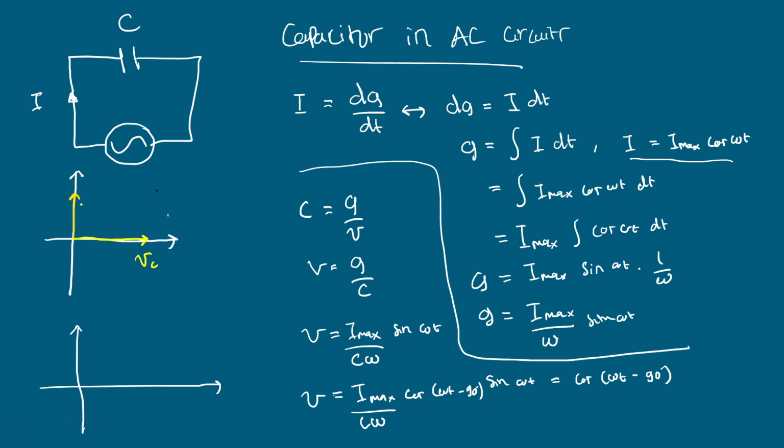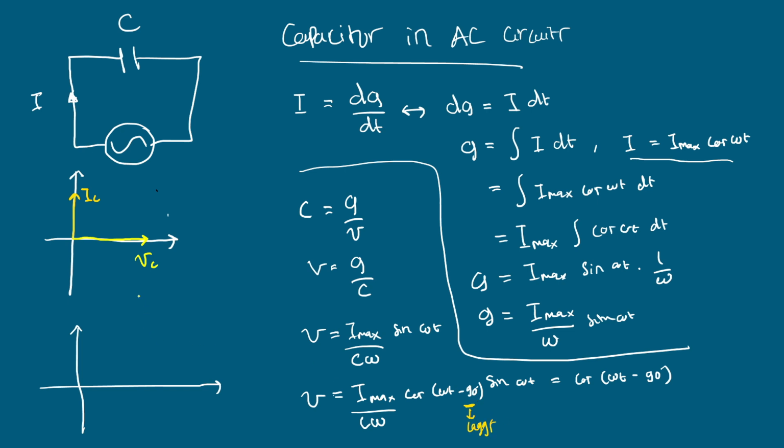Okay, we have IC right here. And why is the IC leading from the VC? Because we know that here the voltage signal lags. It is represented by this minus 90 degrees.